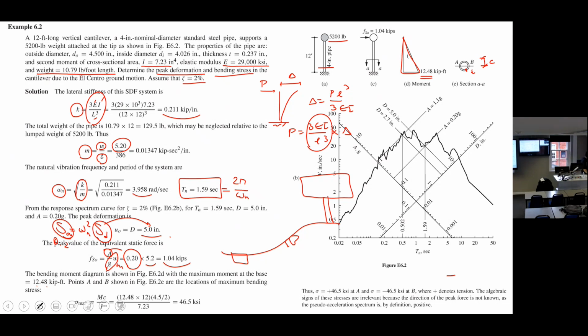And I is the second moment of area. You have I here. So if you put everything together, you will come up with 46.5 KSI as the maximum bending stress in your steel section.